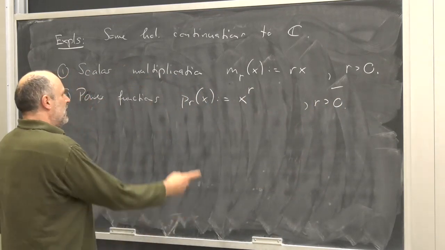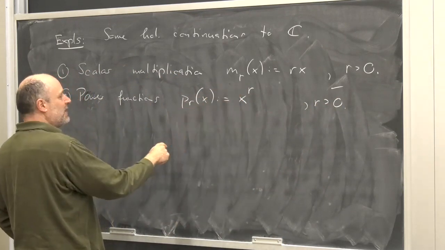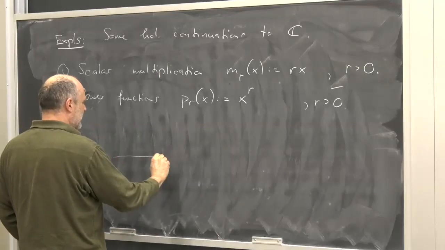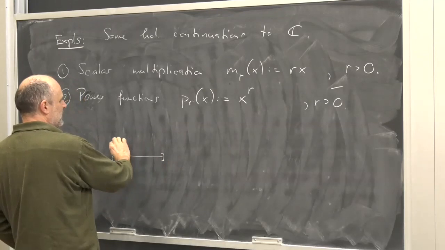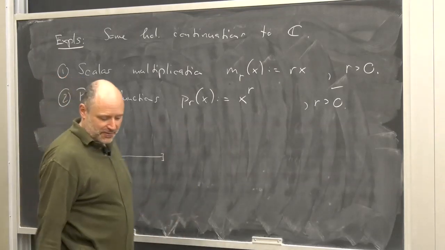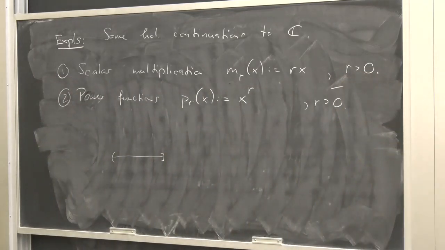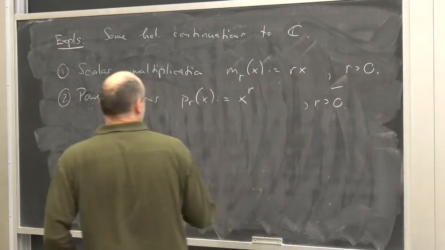And for X to the R, the typical extension is everywhere except on the negative real axis, so you can extend using the domain of the principal branch of the logarithm. That's what you can use to extend to the complex plane.